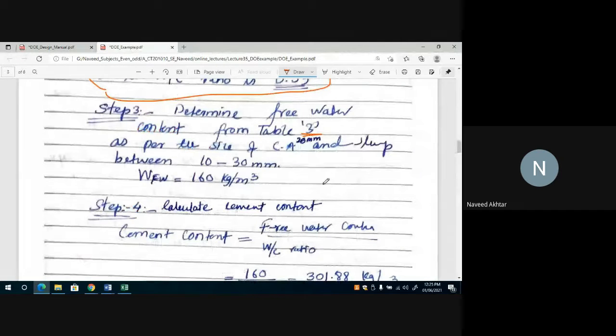Size of aggregate is given 20 mm, and the slump value in our case is given 25 mm. So based on VB or slump value, you can do. If you see here, in our case, the water content is coming 160 kg per cubic meter. So that's why we have taken here from the table the free water content. The free water content in our case is nothing but 160 kg per cubic meter.